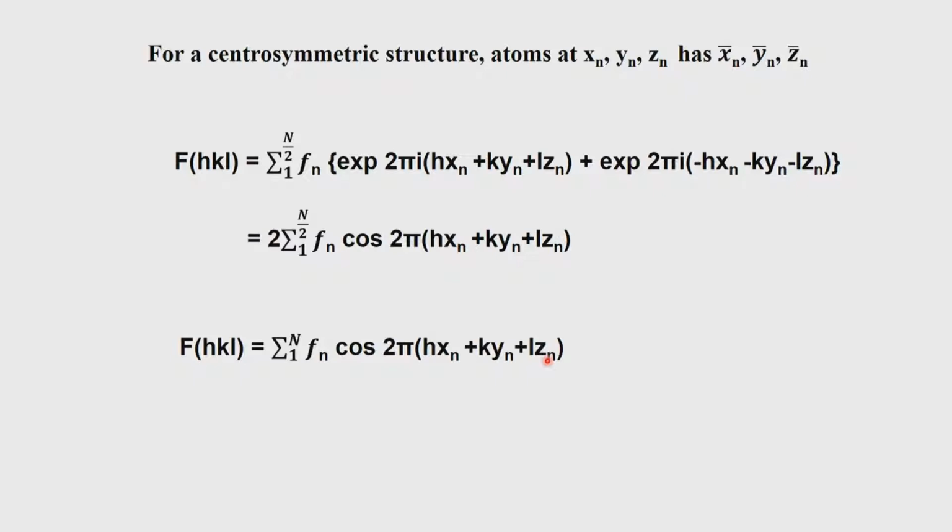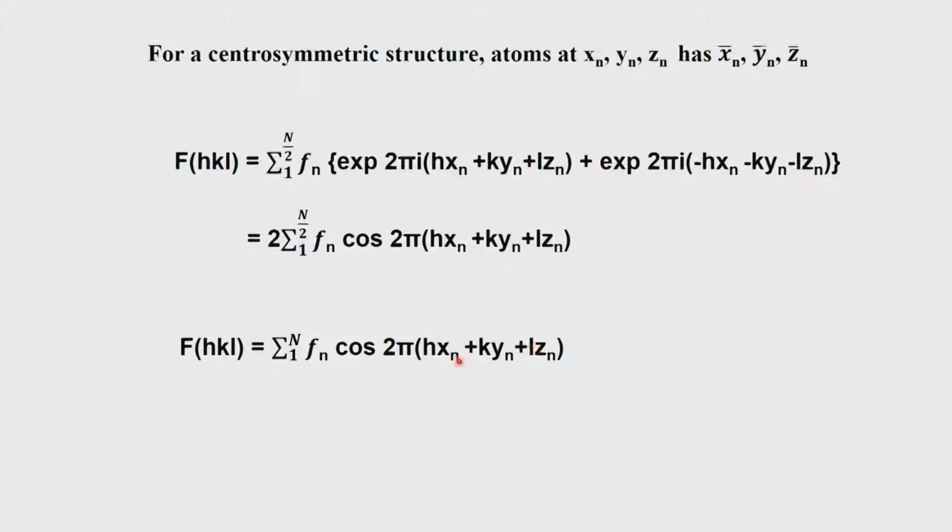It was a very easy calculation, but you can imagine that if there are hundreds of atoms, the calculations will be a little more tedious. It is not going to be fairly straightforward. The second issue is the unknowns here are xn, yn and zn. What you have is the information about the modulus of F of HKL, but as long as we do not know xn, yn, zn, we cannot get the phase, and therefore, we have only the magnitude of the scattering, and that is why we say it is the structure amplitude.